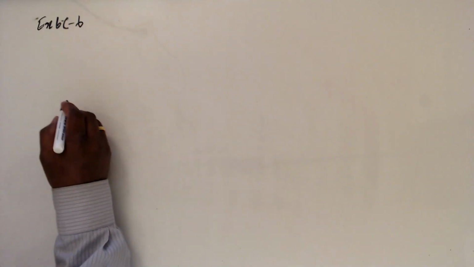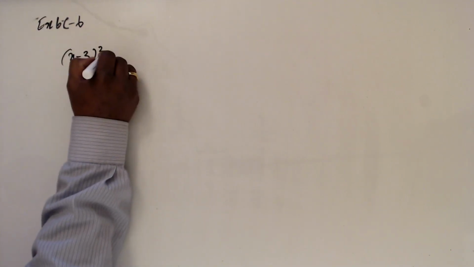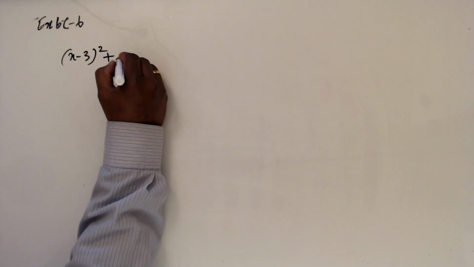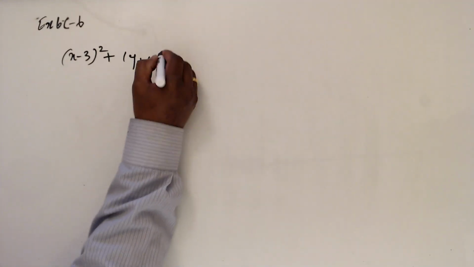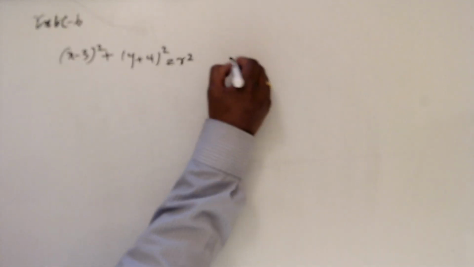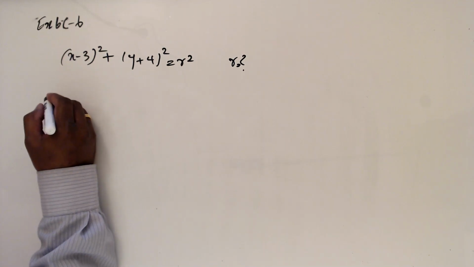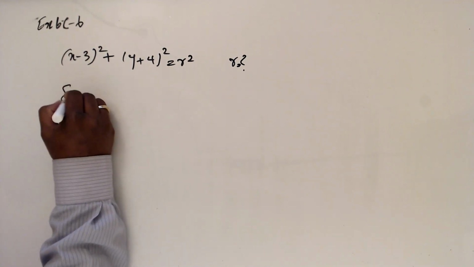Question number 6. (x minus 3) square plus (y plus 4) square equal r square. So we need to find r. So we know that the point 1, minus 3 is on the circle.